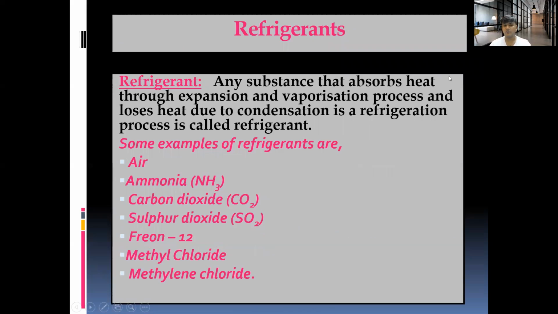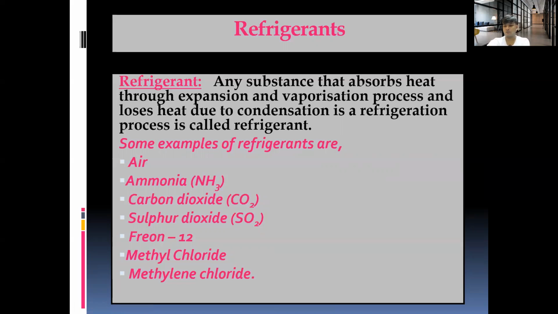And now let's speak about what is refrigerant. Refrigerant is a substance or a liquid that flows to cool down the system. That is called refrigerant. Now let's go with the definition of refrigerant. Any substance that absorbs heat through expansion and evaporation process, and then loses heat due to condensation in the refrigeration process, is called refrigerant.